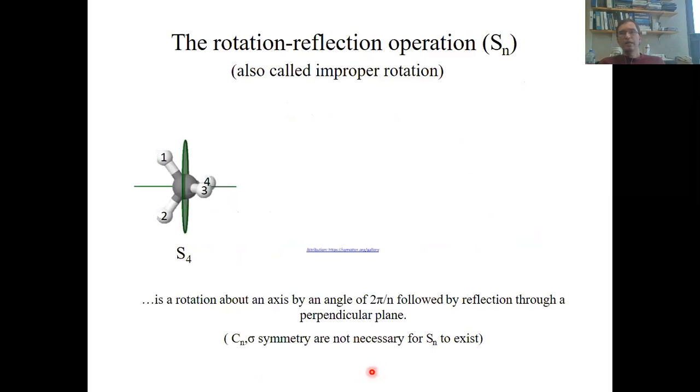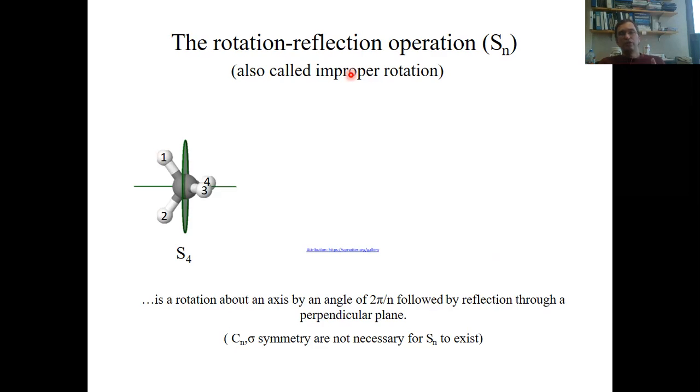So, last but not least, we have the so-called rotation reflection operation to consider, and that's the most complicated operation because the operation requires two steps. First, a rotation around a so-called improper rotational axis, and then a subsequent reflection.